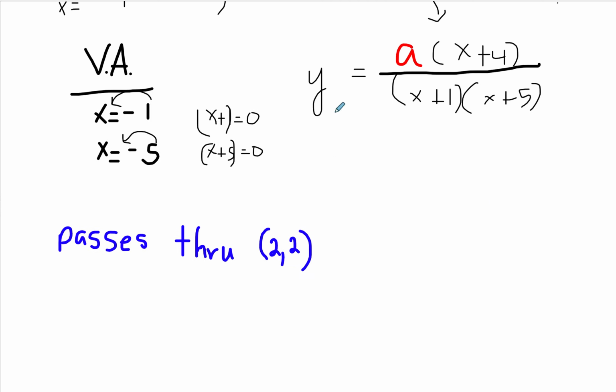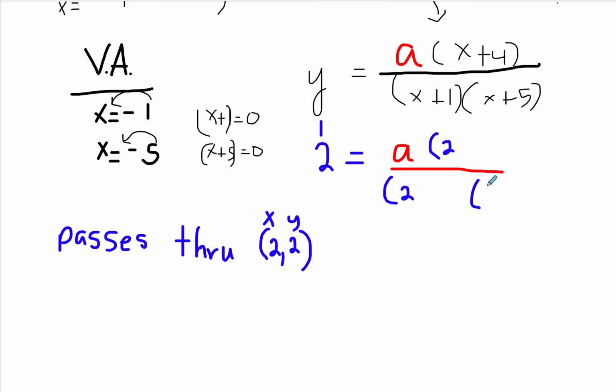Anyhow, let's talk about this passes through (2, 2). So anywhere I see an x, I'm going to put a 2. And anywhere I see a y, I'm going to put a 2. So 2 equals, I don't know if I've got an a or not. We're going to find out together. And then we're going to plug in 2's everywhere there's an x. And we're going to leave all the other numbers where they are. So I'm going to leave them black. So plus 4, plus 1, and plus 5.